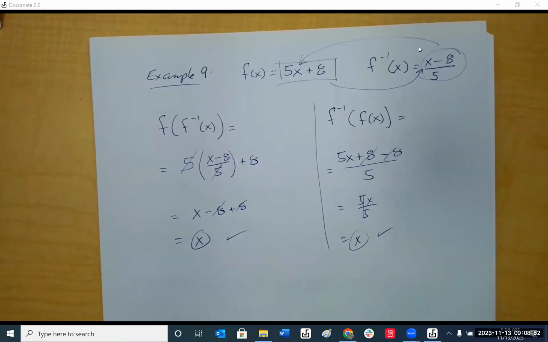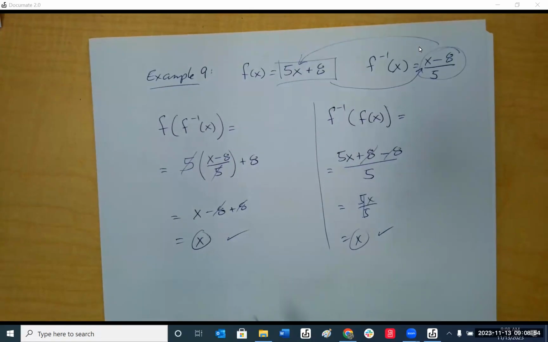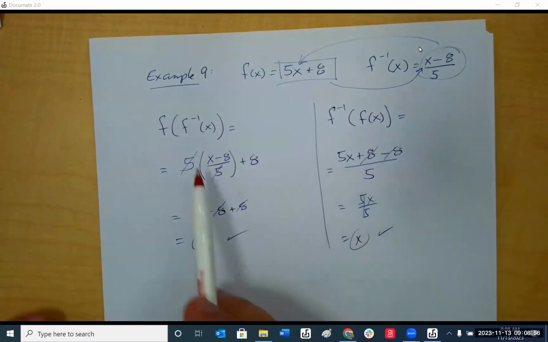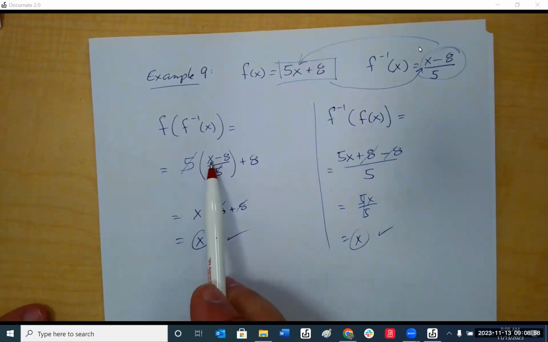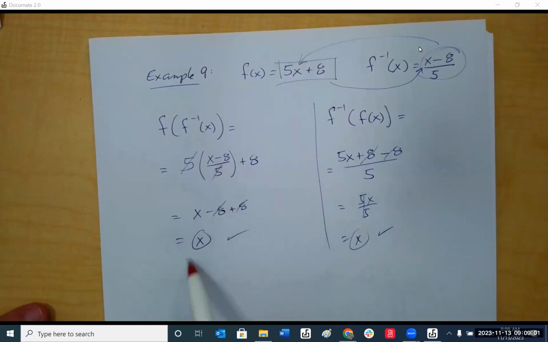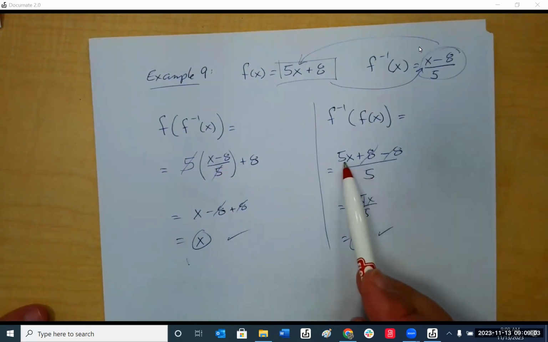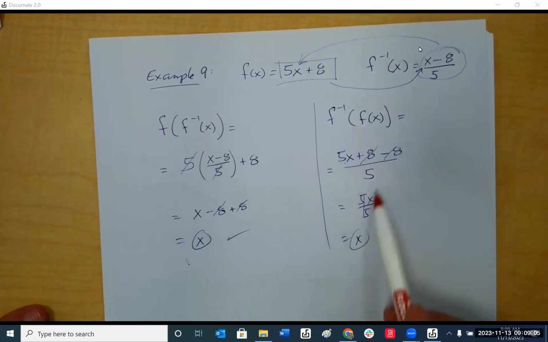There is no calculation here because everything cancels out. There's no division or anything. The 5's cancel, so we have x minus 8 plus 8, the 8's cancel. Here, plus 8 minus 8, they cancel, so we have 5x over 5, the 5's cancel. So there's zero calculations. If it's an inverse, it's an inverse. Everything will start canceling out.